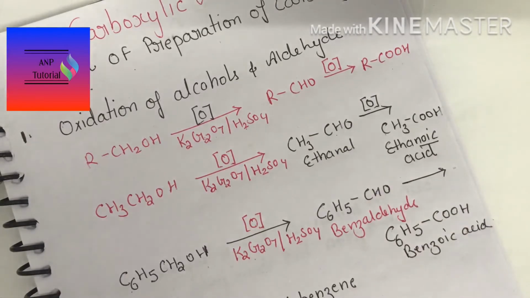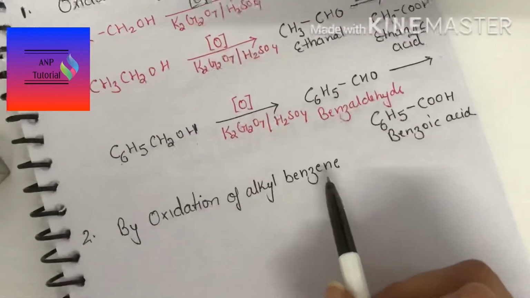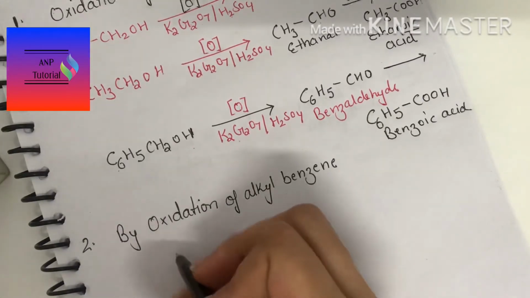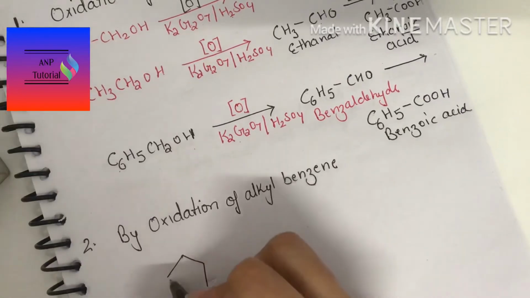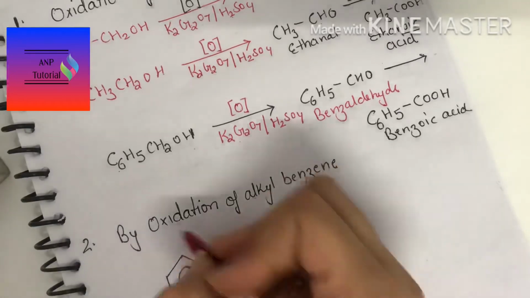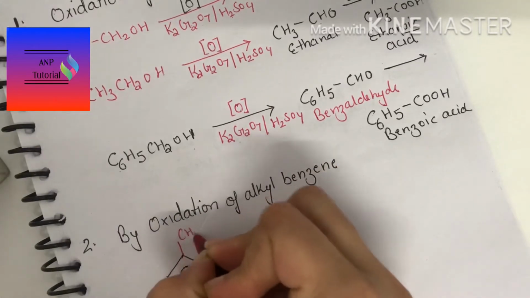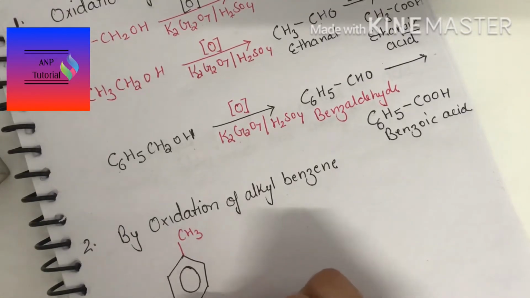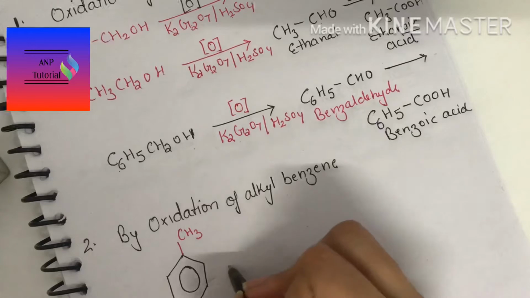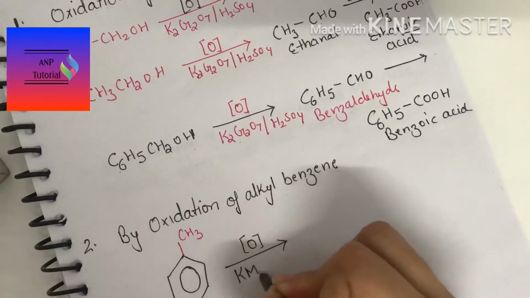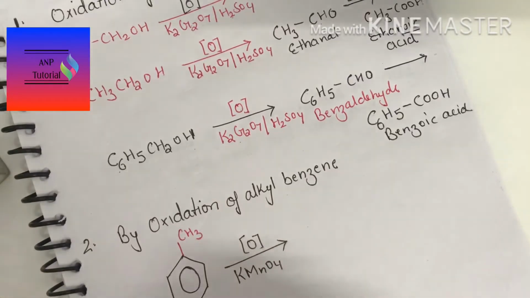Now, by oxidation of alkyl benzene. Oxidation of alkyl benzene: what is it? Benzene ring and one alkyl group, CH3. It is methyl benzene, or you can say toluene, right? Oxidation takes place. The reagent is KMnO4, potassium permanganate. What do they yield? Carboxylic acid is yielded.